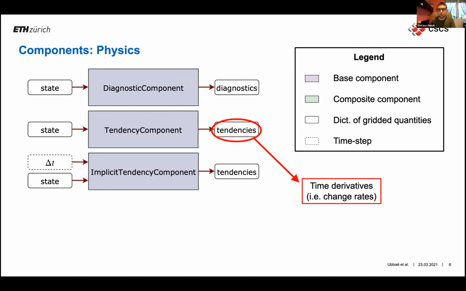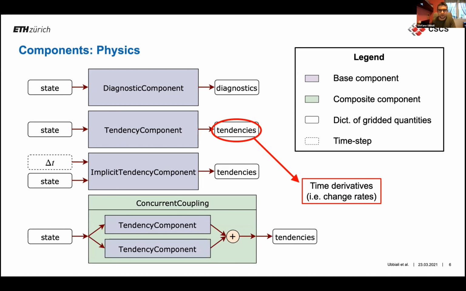But we can also compose these components in a higher level abstraction, which is provided by concurrent coupling, which basically takes a state and forwards it to two or multiple, actually as many as you want, tendency components, each computing some tendency, which are then summed up and provided as a single dictionary.